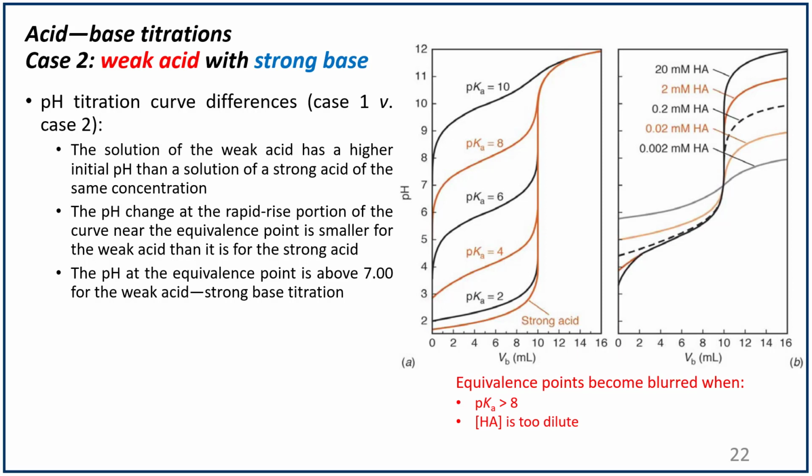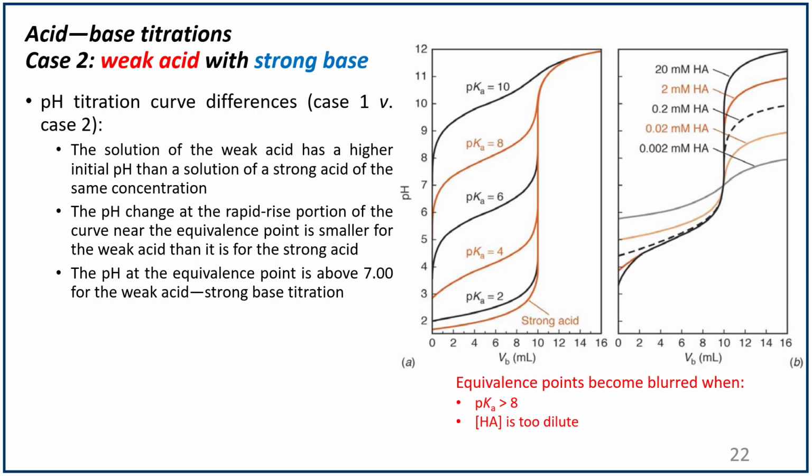Now, however, note again that for a strong acid, this steep increase or the sharp change of pH as you are about to hit the equivalence point is wider than if you have a weaker acid. Again, this change in pH is steeper than if you have a weaker acid being titrated with a strong base.